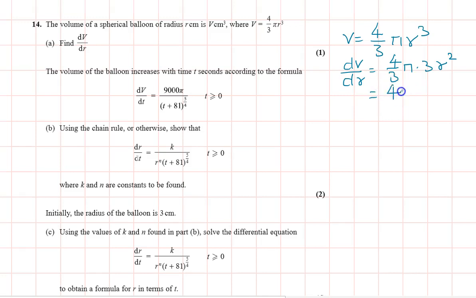So that is 4 pi r square. That is dV over dr. That is the first part, Part A.